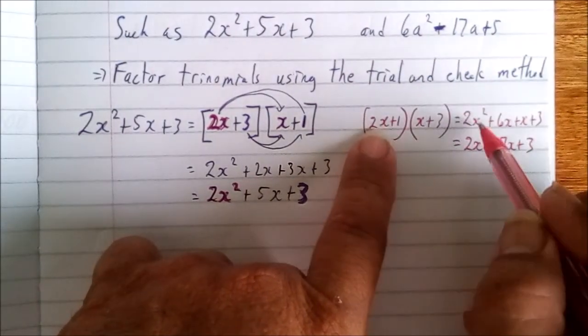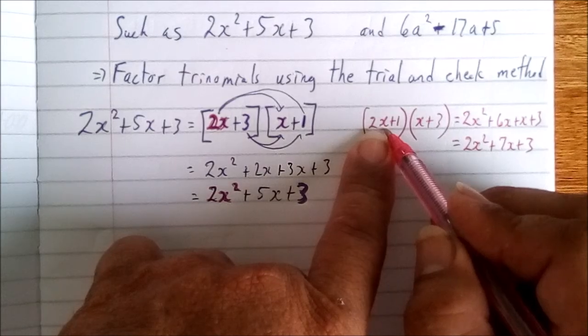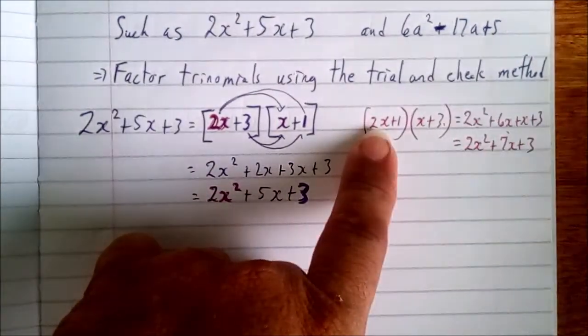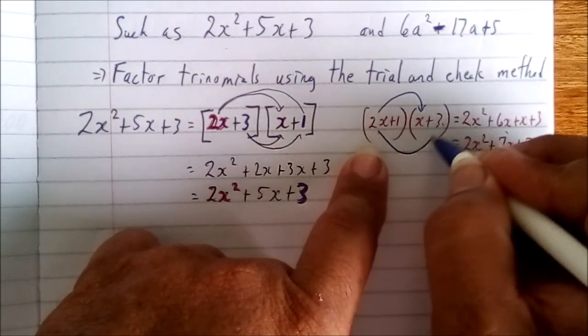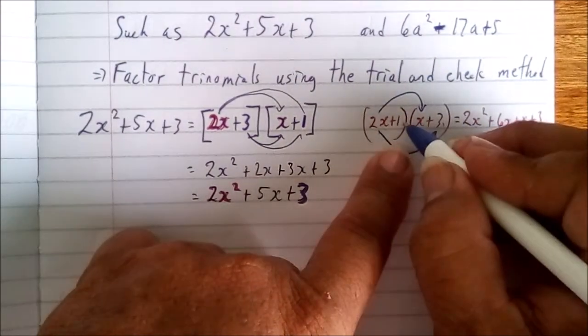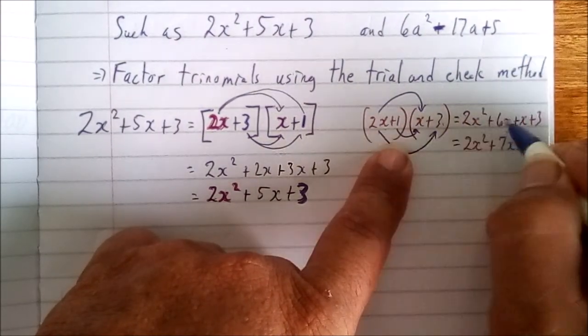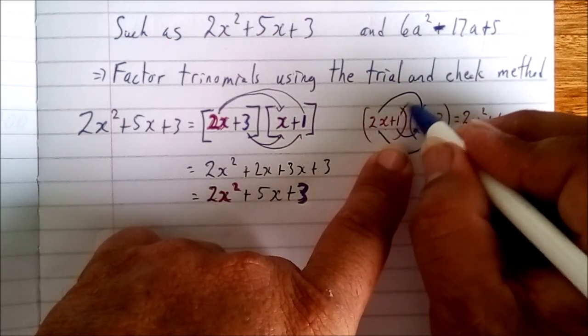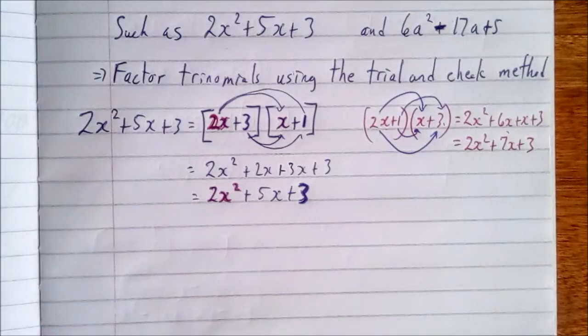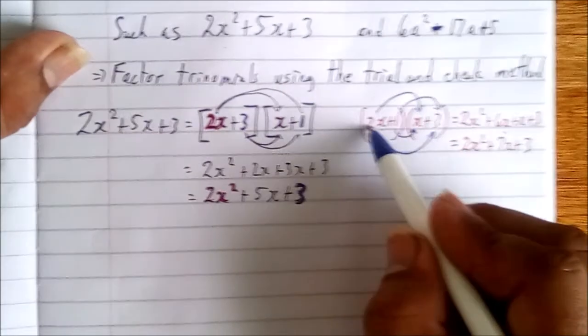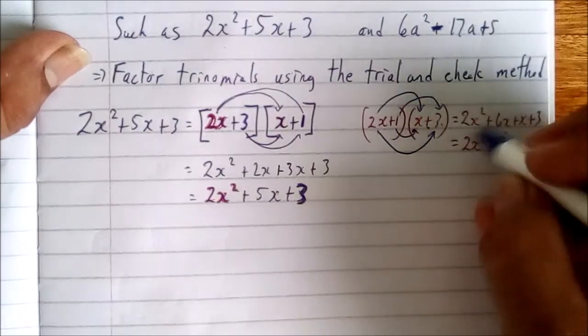Notice 2x times 3, 6x. So let me do the marking. 2x times x, 2x times 3, 6x. 1 times x, and 1 times 3, 3. Okay, now notice carefully again. The first two terms multiplied give us the 2x squared.